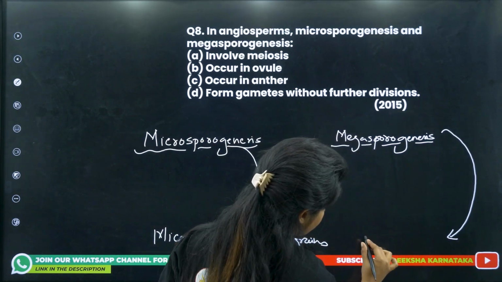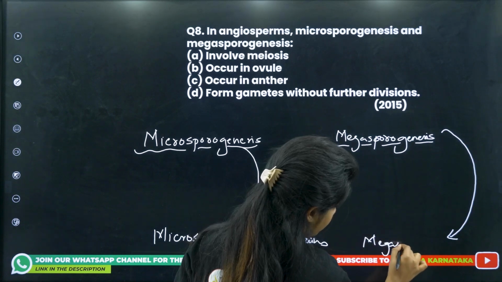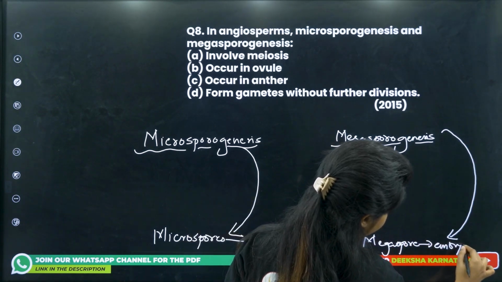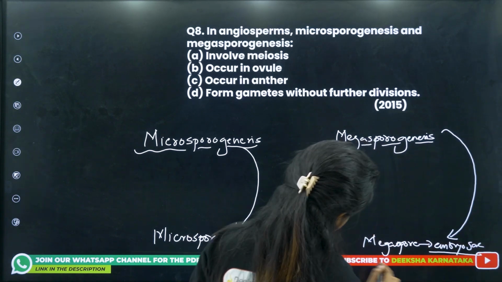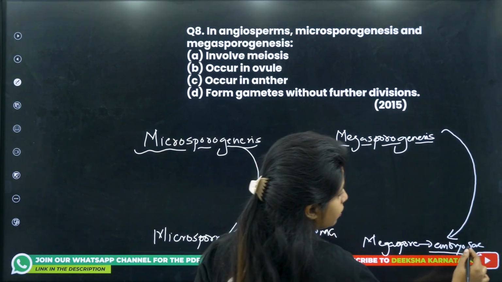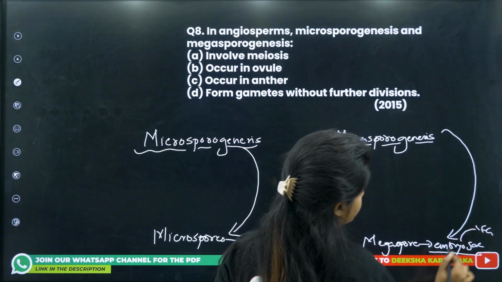Megasporogenesis means at the end you need a megaspore, and this megaspore will turn into the embryo sac, which is the female gametophyte. This is the male gametophyte, which is going to give rise to the male gametes, and over here this is going to give the female gamete.